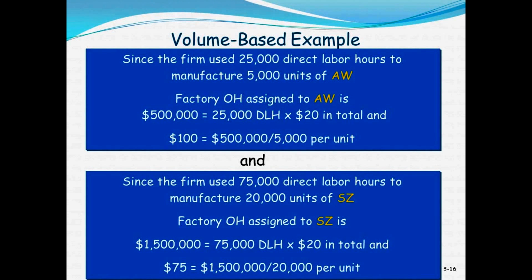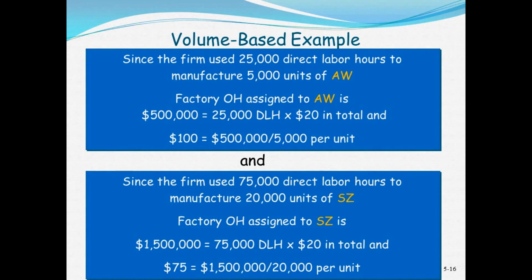So they would be allocated $100 per unit. Proportionally, their lower-end product used 75,000 direct labor hours to make 20,000 units. Going through the same math, they'd be allocated $75 per unit. So $100 per unit for AW and $75 per unit for SZ.